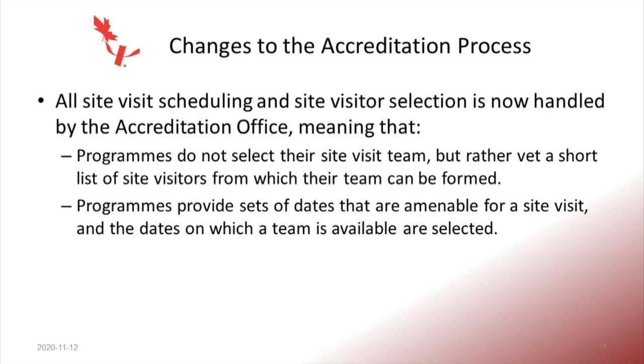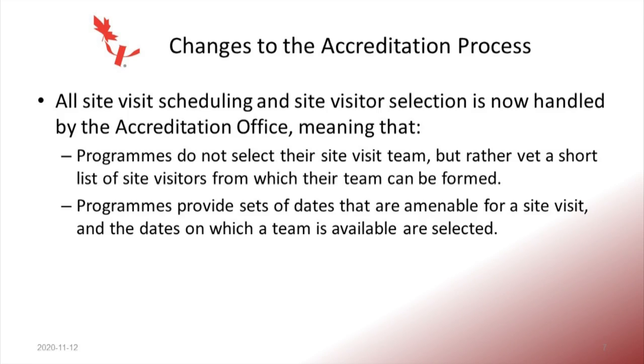They don't go from a master list. The Accreditation Office essentially curates a list of site visitors, taking into account some regional concerns for site visit team composition, as well as doing a first pass for conflict of interest.